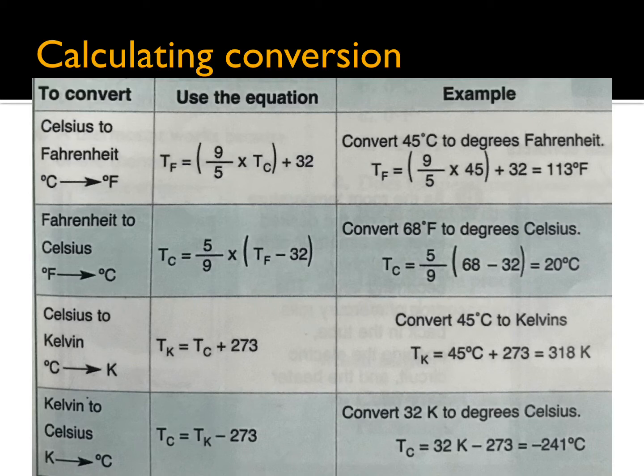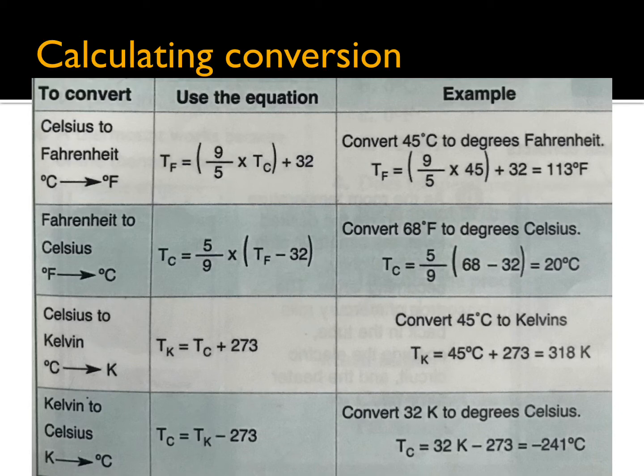If I asked you to convert 0 degrees Celsius to Kelvin, we should use the following equation. The equation that tells you how to convert Celsius to Kelvin is the following.